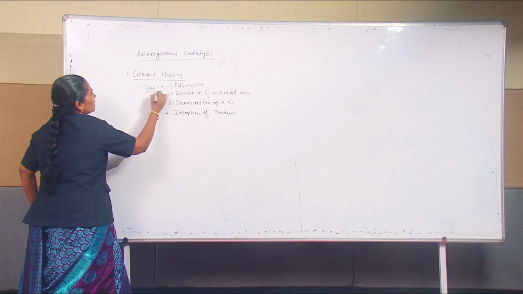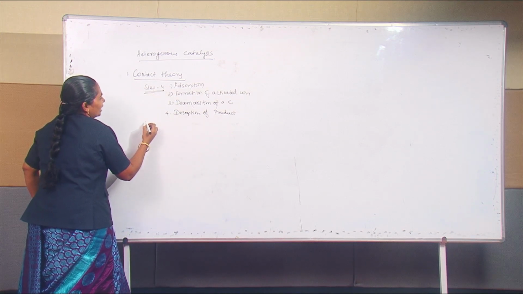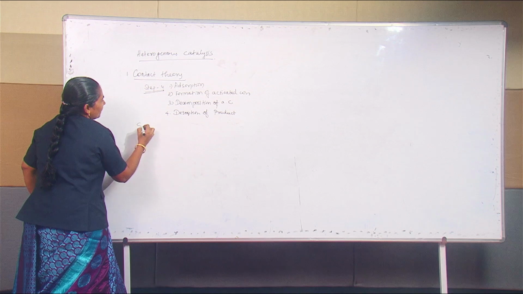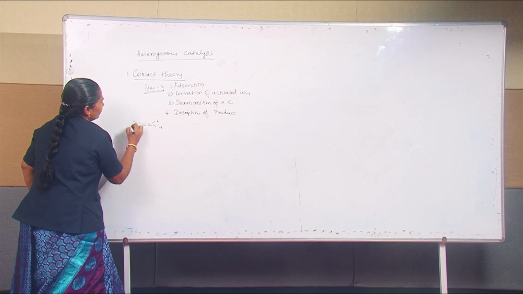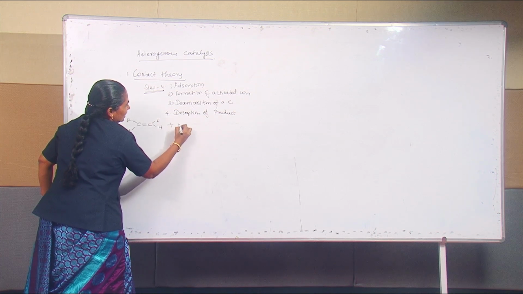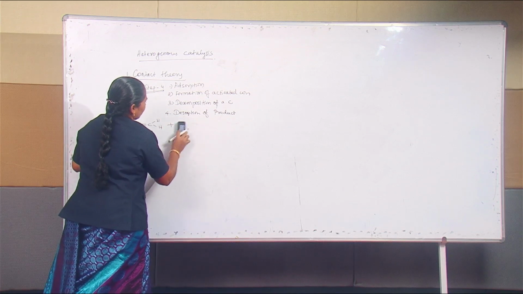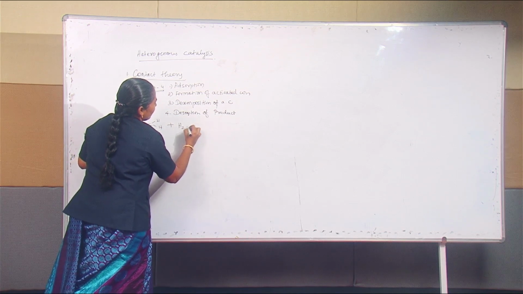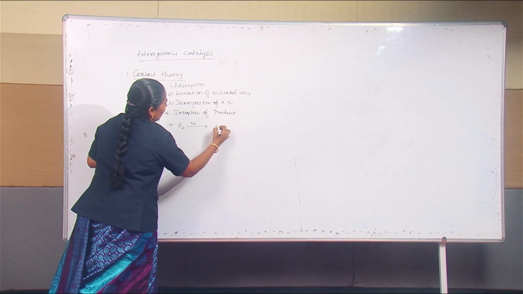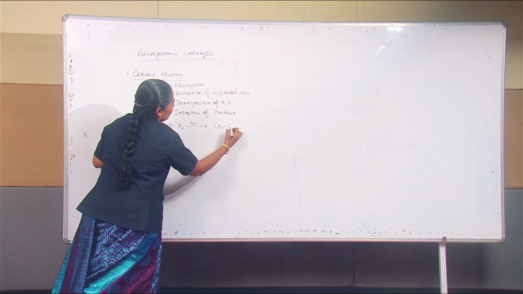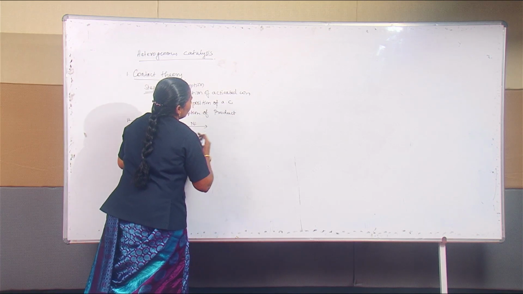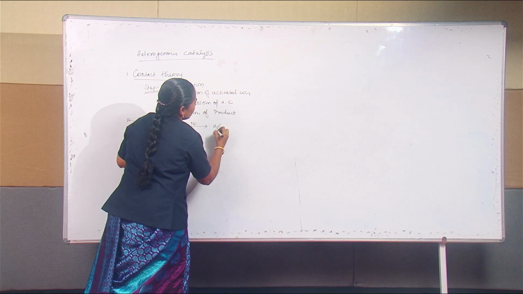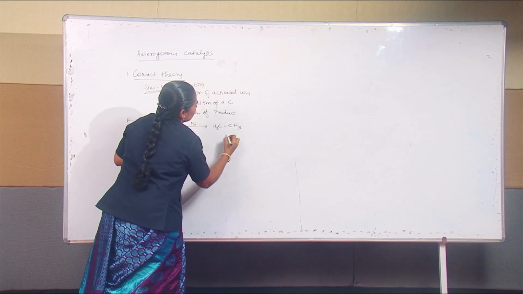So through these 4 steps, we are getting a final output from a molecule that is called ethylene in the presence of catalyst, that is nickel. And we are getting an output that is an ethane molecule, CH3-CH3.